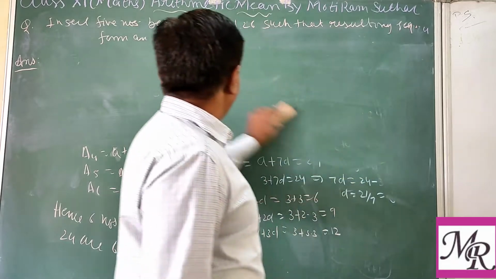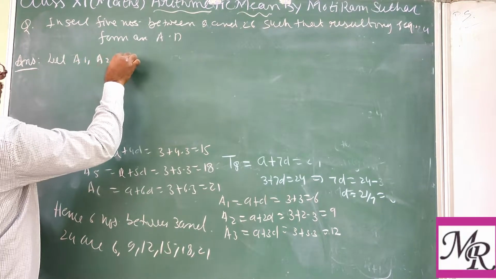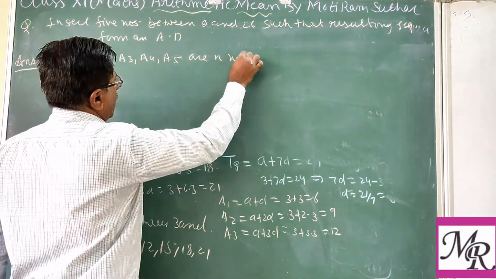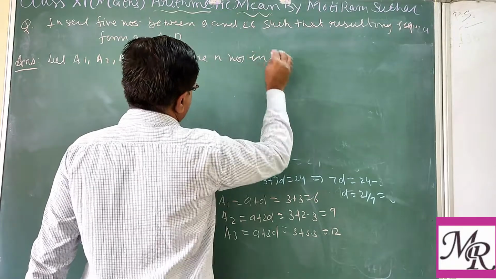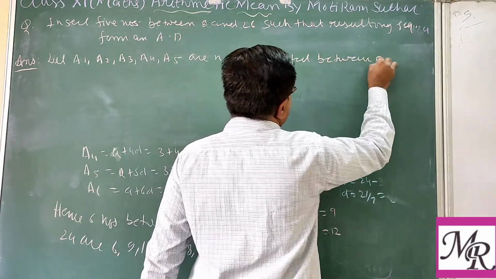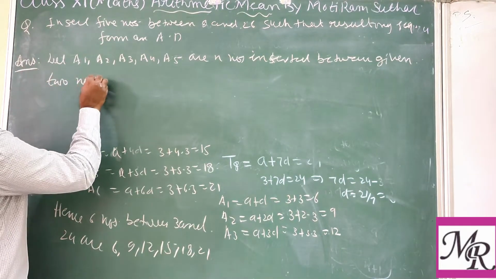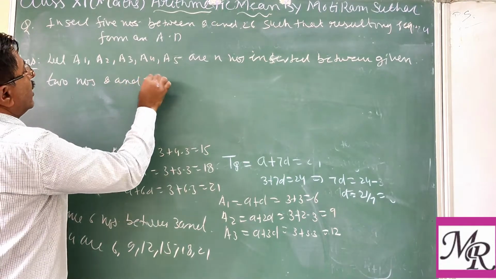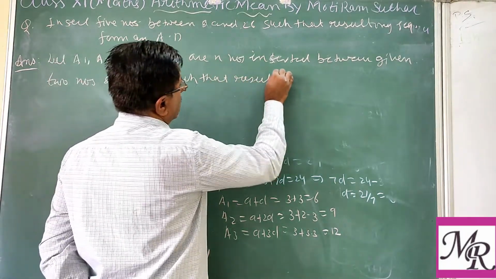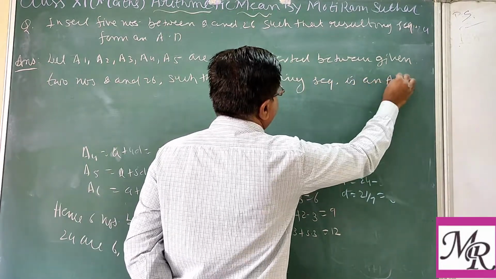So you can say here, let A1, A2, A3, A4, A5 be 5 numbers inserted between the given two numbers 8 and 26 such that the resulting sequence is an AP.